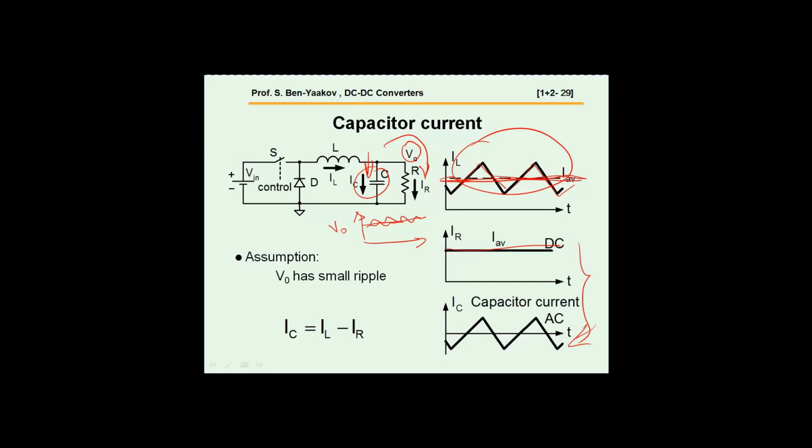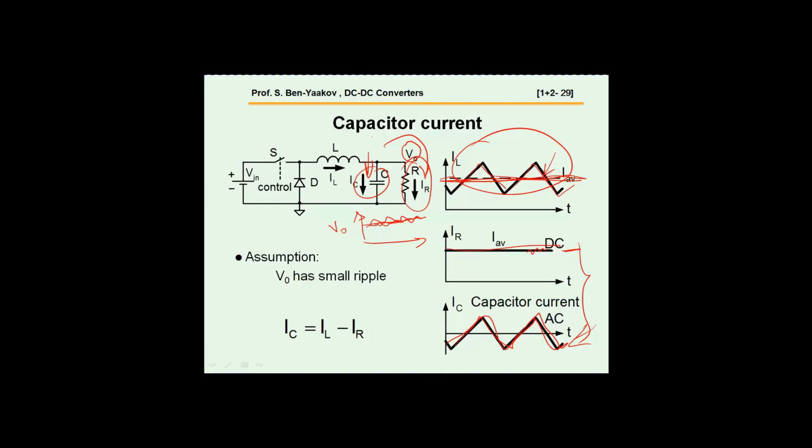Now, if the capacitor is large and the ripple is indeed very small, then the resistor current will be almost DC with the little ripple on it. So that most of the ripple of the inductor current, this AC part, is actually passing through the capacitor.